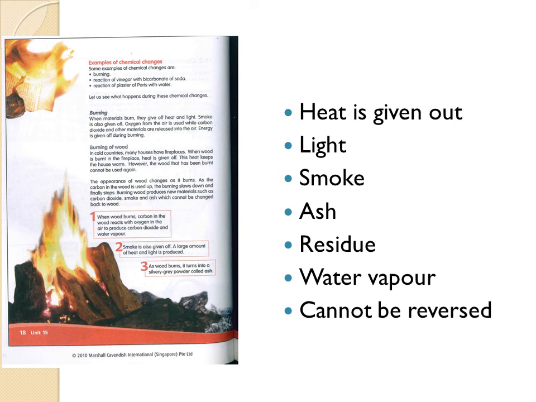And finally, it becomes ash. One more important thing: you cannot get the wood back. So this is a chemical change. In chemical change, heat could be given off or taken in, depending on the type of chemical change happening inside.